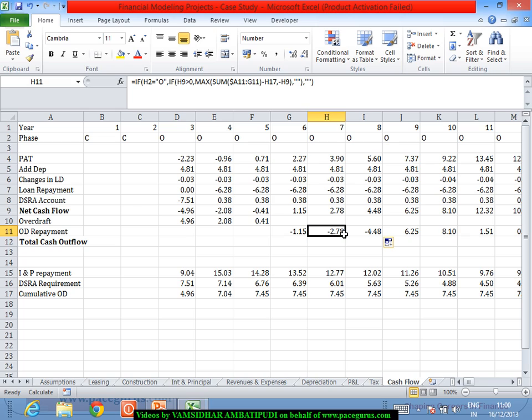What is coming out here, A11 to G11, 1.15. So it's better that I even do the negation of A11 to G11 minus 1.15 minus H17, in comparison with minus H9, so minus 2.78 versus minus this much.